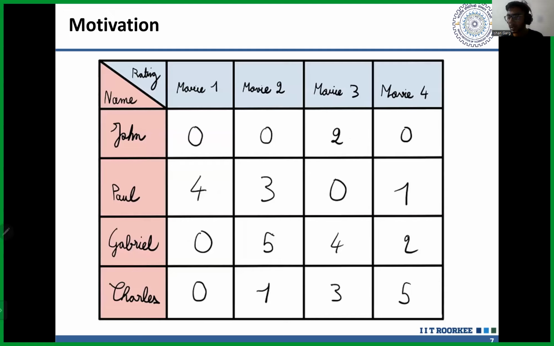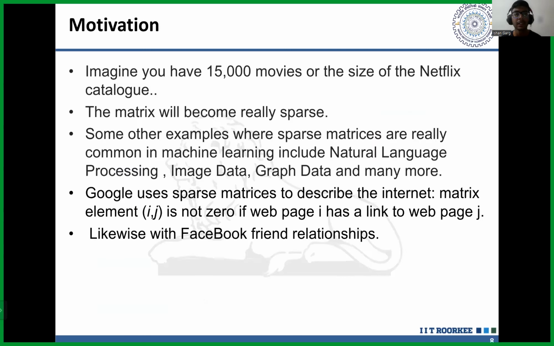This matrix contains 6 null values, and it is a 4 cross 4 matrix, that is, there are 16 elements. So this matrix as of now is not really sparse. But now consider if you have 15,000 movies, the size of the Netflix catalog. I believe all of you must have used Netflix or some other OTT platform.